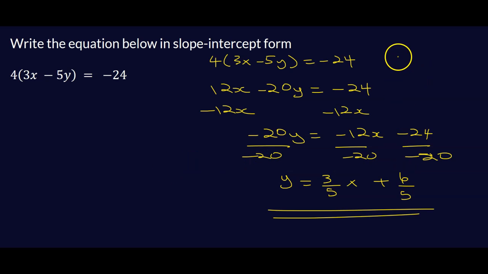You could say y equal to 12 over 20 x, because negative divided by negative makes it positive, plus 24 over 20, and then you can divide each of these terms by 4, since 4 is the greatest common factor of both of them. And you're going to get y equal to 3 over 5x plus 6 over 5.